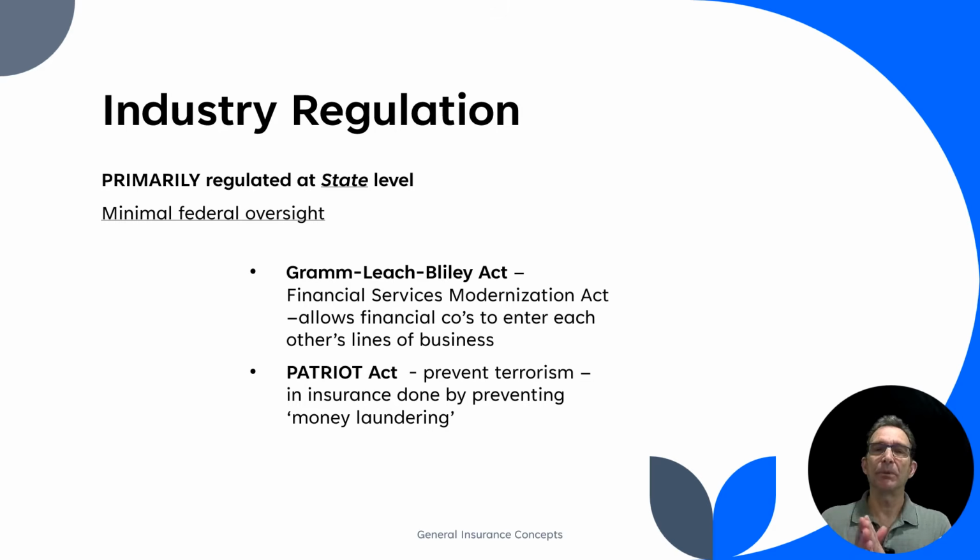So the Patriot Act applies to insurance. It is a way of protecting against that kind of illicit money laundering. So that's how it relates to insurance. Patriot Act says preventing terrorism by stopping money laundering.